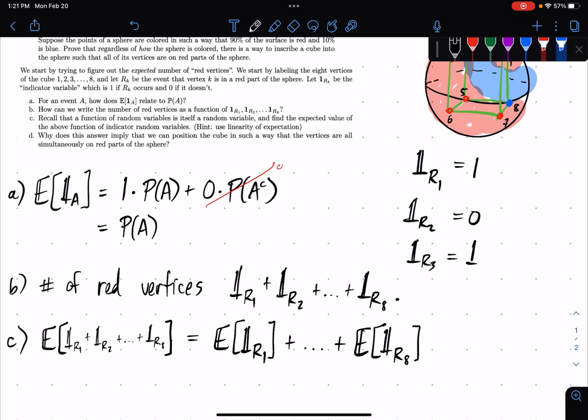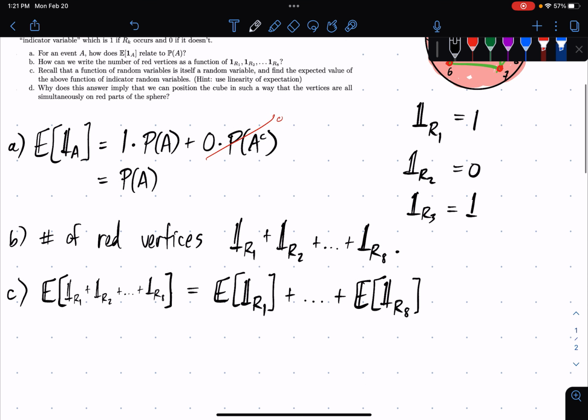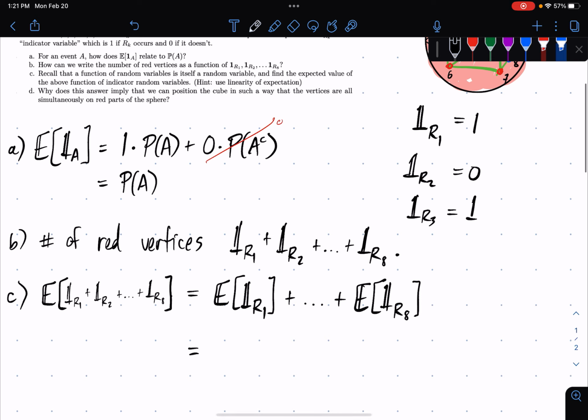Okay, well, now we can find its expected value by doing a couple of little tricks. The first little trick is, what did we say? The expected value of the indicator is just the probability of the event. So this is going to be the probability of R1, up to the probability of R8.